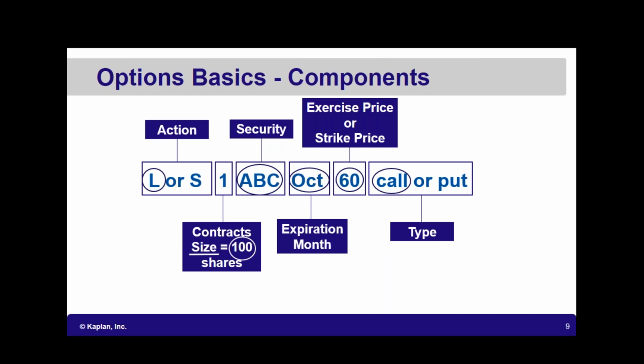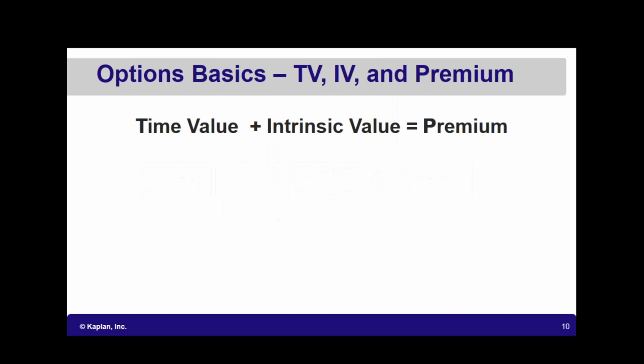But for now, let's take a closer look at what I'm going to have to pay or what I'll receive for the option, the premium. The premium is made up of two values, the time value and the intrinsic value. So as we say, time value plus intrinsic value equals the premium.